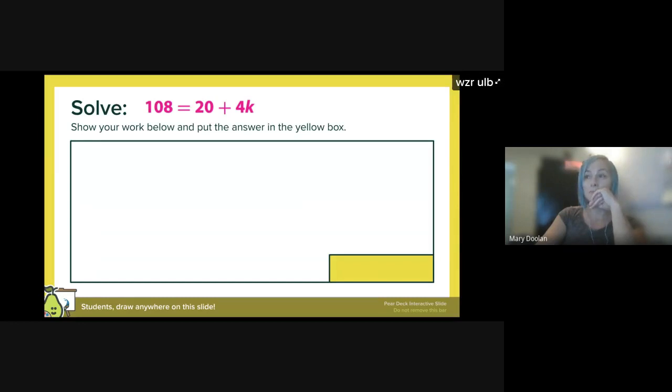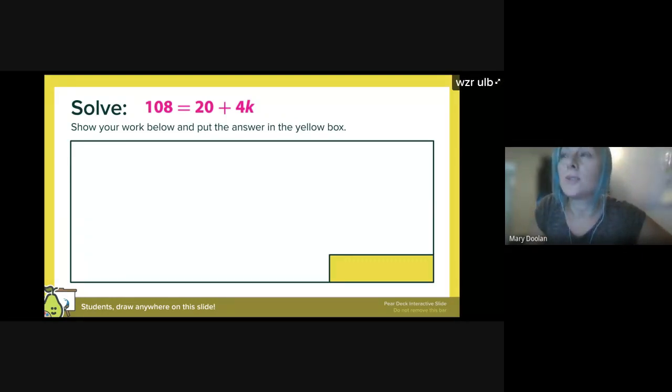Nice job. Alexis, you want to go back and check some of your calculations? Raina, good work. You have it correct. Scott, you have it correct.